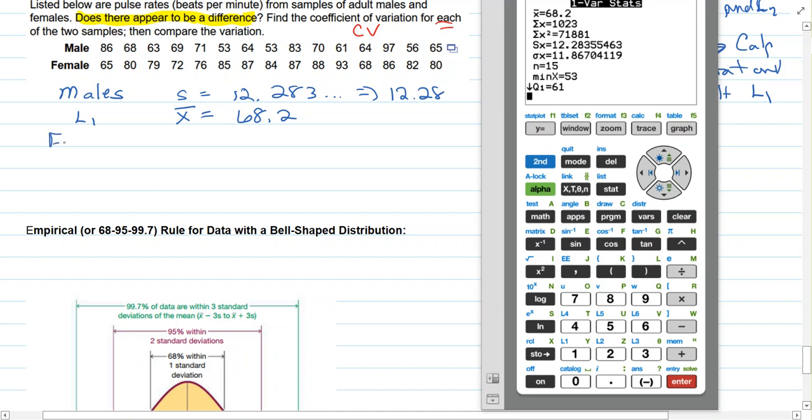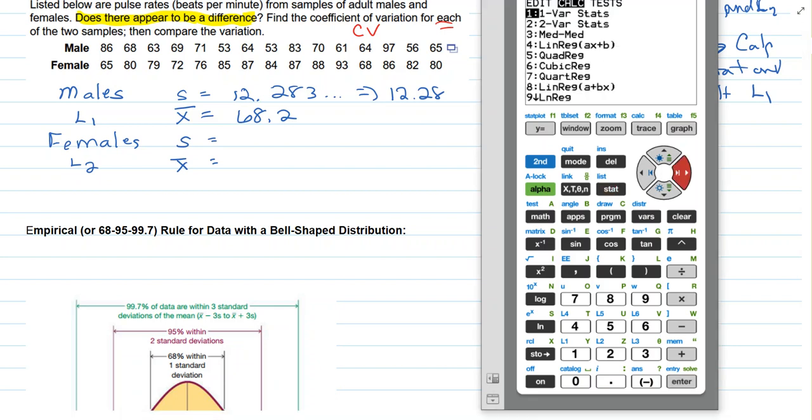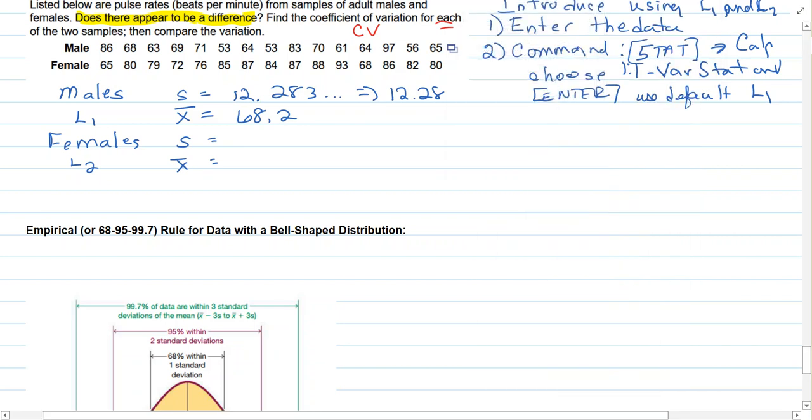So now we're going to do the females. And they're in line 2. So we want the S and the X bar. So let's do that. We're going to go to stat, calc, one variable, but this time we're going to do second, number 2, because that'll be line 2, second L2.